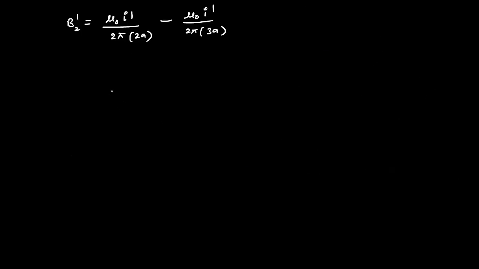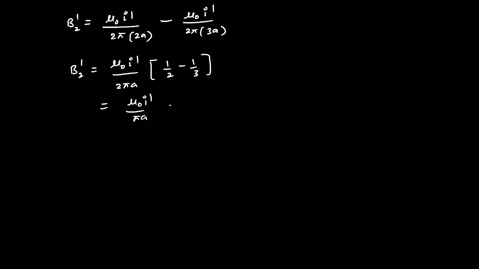So using those things we can write B2 dash as mu naught I dash divided by 2 pi a times (1 by 2 minus 1 by 3). So it's going to be mu naught I dash by pi a times 1 by 6, so basically mu naught I dash by 12 pi a. Please observe, this is what we have.